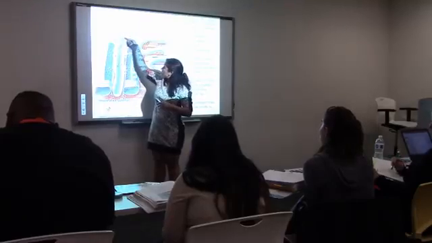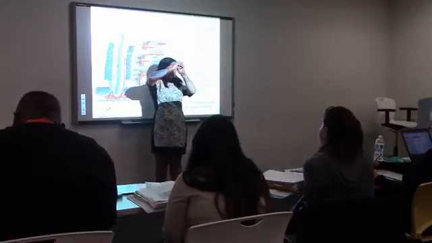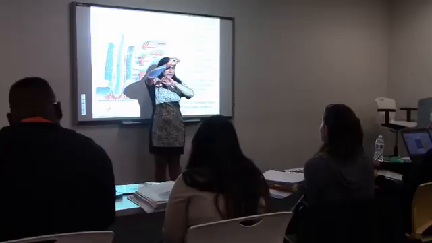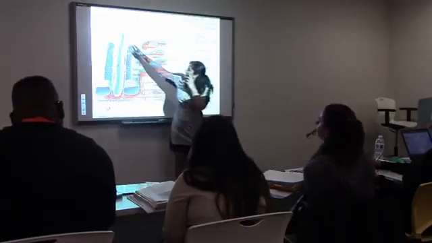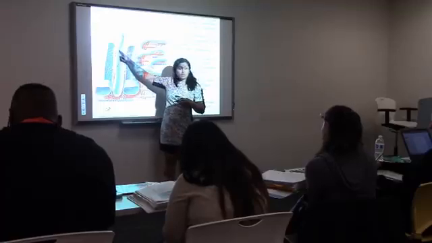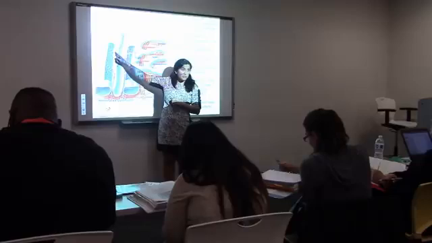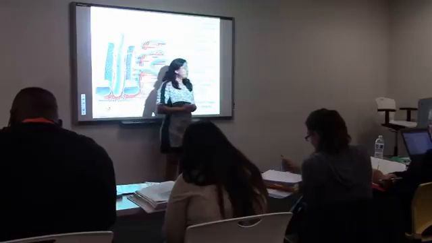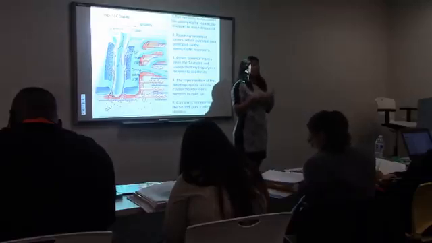Now the action potential travels down the T tubules. What was at the end of the T tubules? The dihydropyridine receptor. So the action potential comes down the T tubules, depolarizing the dihydropyridine receptor. What is the dihydropyridine receptor connected to? Ryanodine receptor, causing the ryanodine receptor to open up.